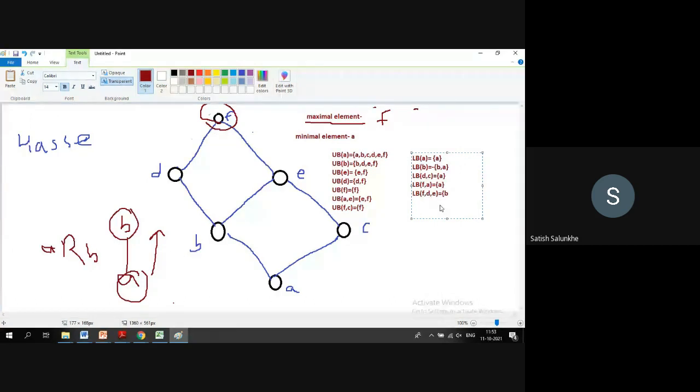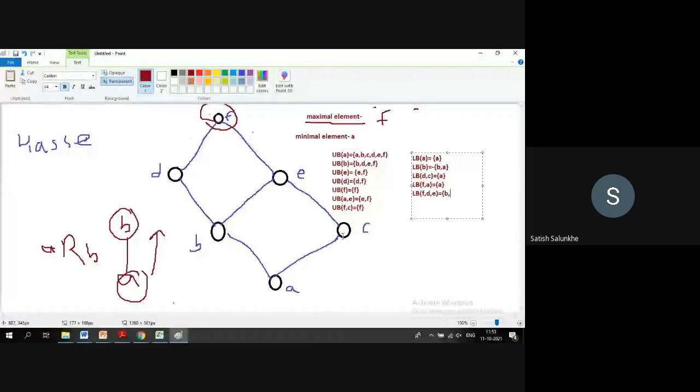If you take C, C is related with E and F, but C is not related with D. So C cannot be a lower bound of this subset of the poset. A is related with D, A is related with E, as well as A is related with F via D and E. So A will also come there. This is the final set that I'm presenting as the lower bound.